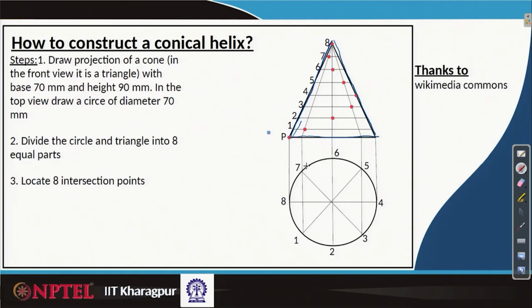So one of the views is a circle we have to construct of the same diameter. Then divide the circle into 8 equal parts. Number them 1, 2, 3, 4, 5, 6, 7 and 8.